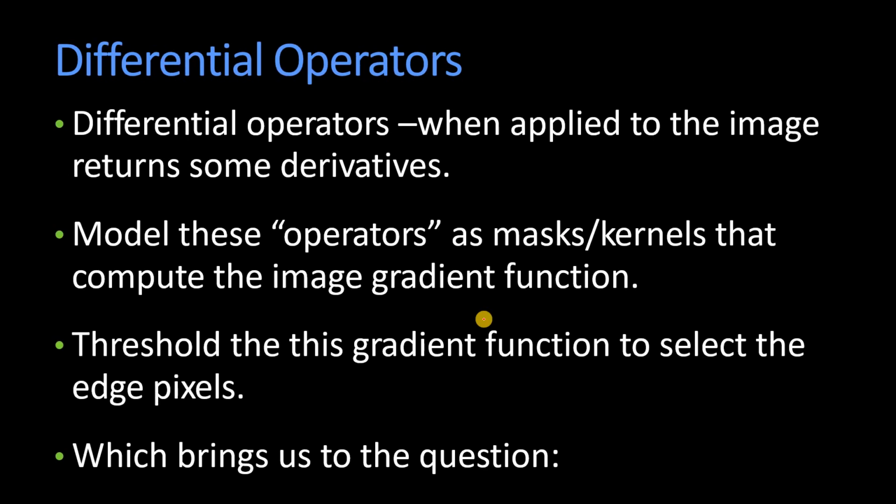Remember, differential operators we discussed, we use them to detect the edges. When we apply the differential operators, they give us the derivatives. We model these operators as masks or kernels. Since the start of the course we discussed that kernels are very important and we can use them for many different purposes. Sometimes we use these kernels for image blurring.